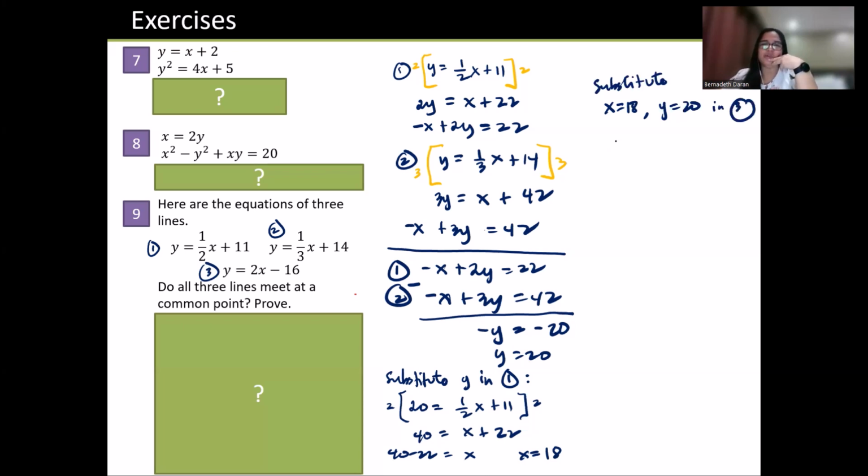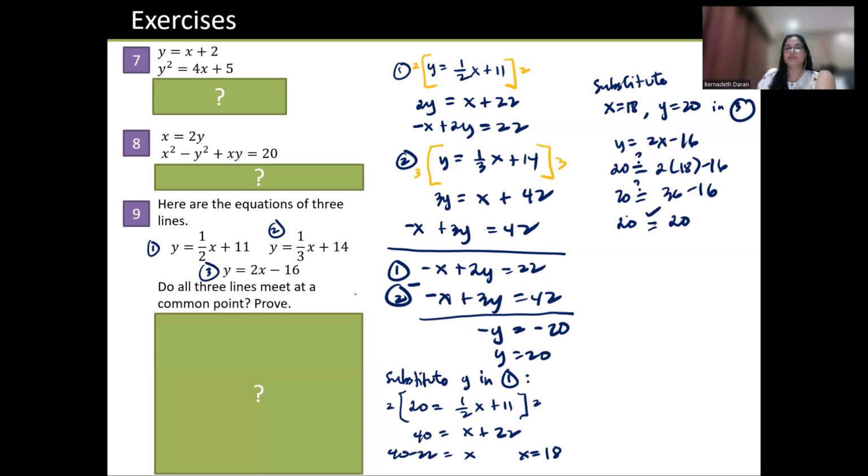So our equation 3 is y is equal to 2x minus 16, and y is 20. Is it equal to 2 times 18 minus 16? So this is 20. This is equal to 36 minus 16, and 36 minus 16 is 20. So they are equal.